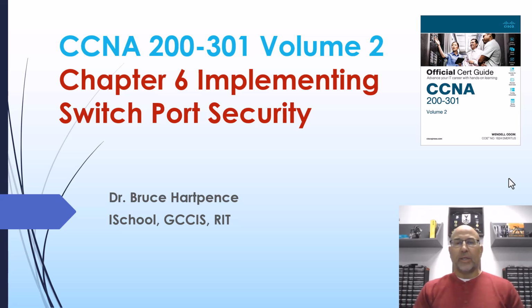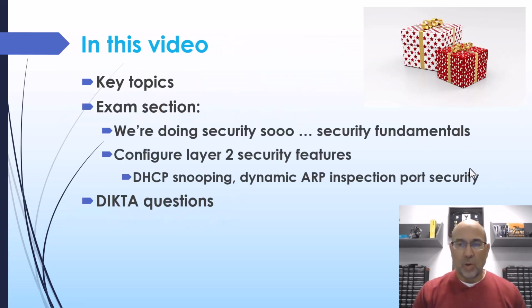We are tackling Chapter 6 in CCNA Volume 2, Implementing Switchport Security, and we'll see exactly what that means in terms of modes and violations. So here we go. In this video, as always, the key topics. Our exam section is security. These are some of the security fundamentals, and we're starting at Layer 2.